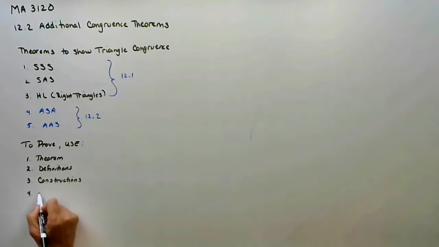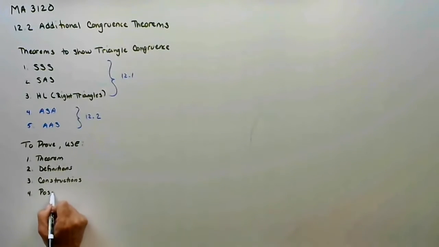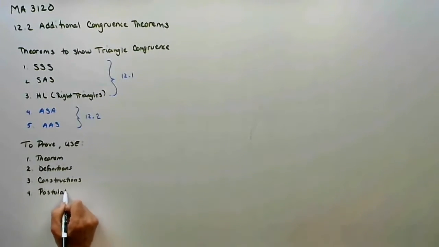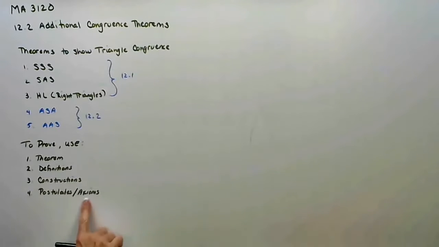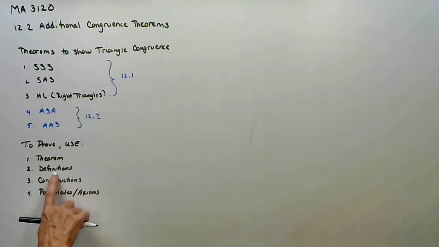We can use postulates or axioms, and a postulate or an axiom is assumed true. So if we assume it's true then we can use it. If we know a definition, of course, that always works. A theorem has already been proven. So we're going to use a combination of these things to do some proofs.